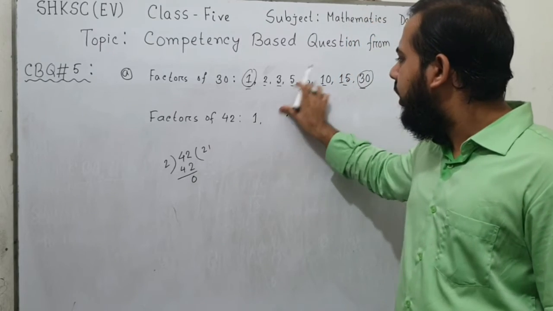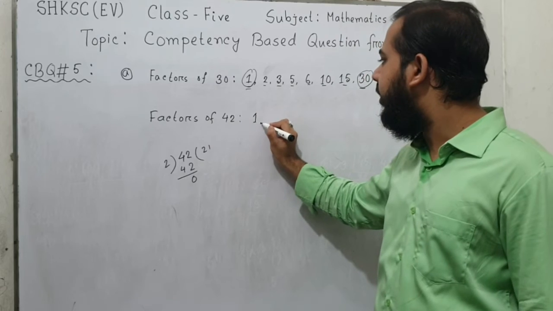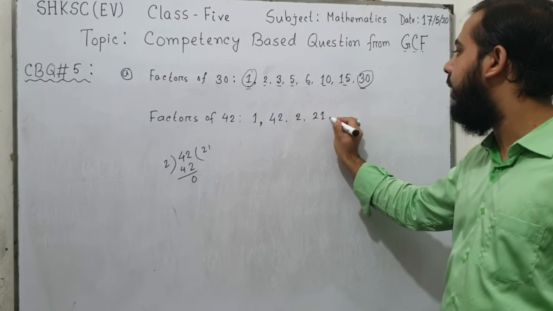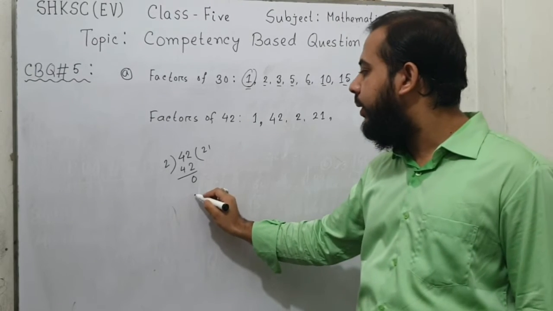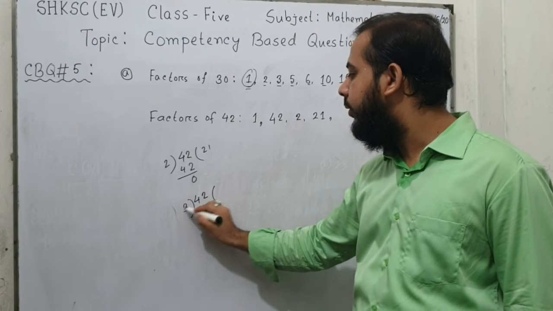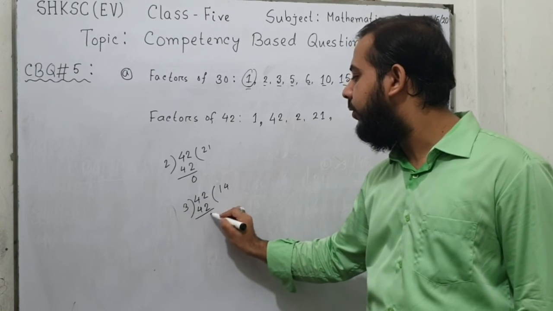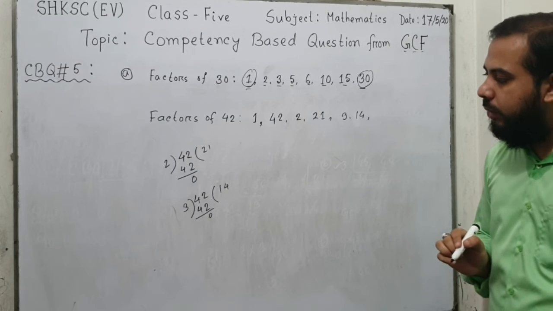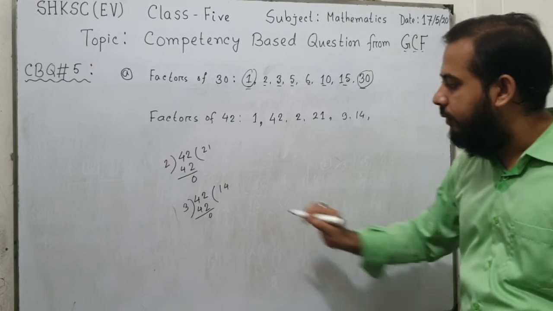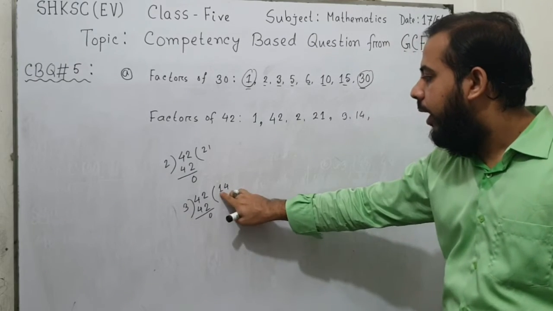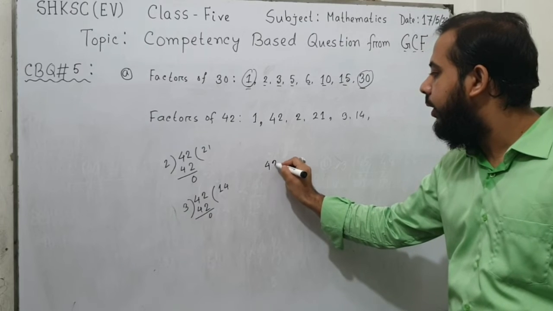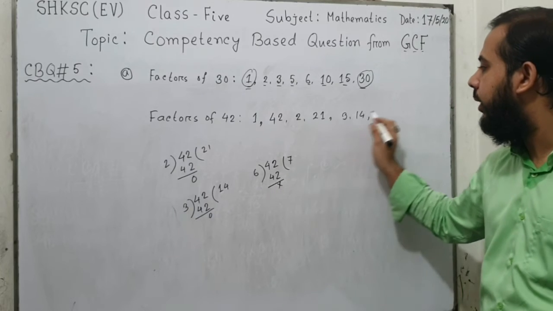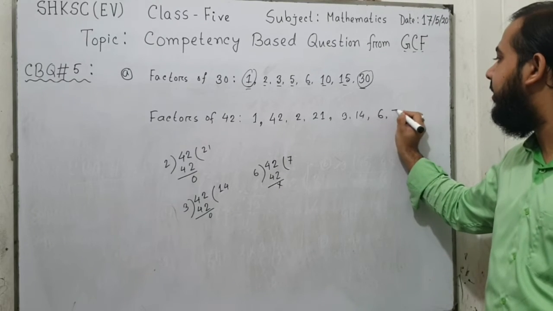So you can easily write the numbers in pairs. 1 and 42 are factors, 2 and 21 are factors, and if we divide by 3, 3 fourteens are 42, so 3 and 14 are factors. We cannot divide by 4 or 5 without a remainder, but 42 can be divided by 6. 6 sevens are 42, so the factors are 6 and 7.